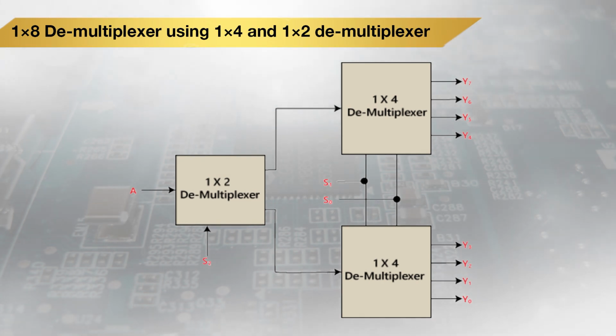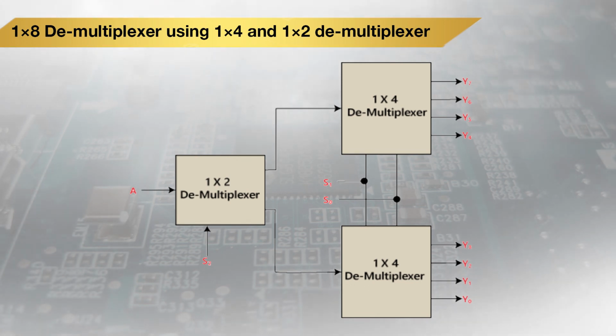Here we can see at the output end we have two demultiplexers of 1x4, so in total we will have 8 output lines. Each 1x4 demux requires two selection lines.